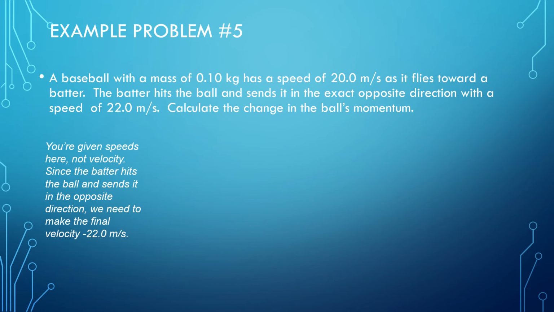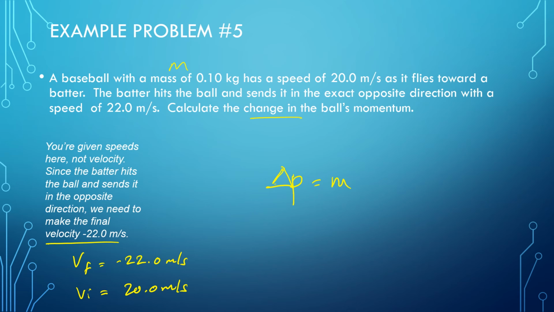So we have a mass. If I want to make my final velocity negative, my initial velocity is going to be positive because they're coming in opposite directions. So remember that your change in momentum, change in P, is mass times your change in velocity, or my final velocity minus my initial velocity. So what is my change in momentum?